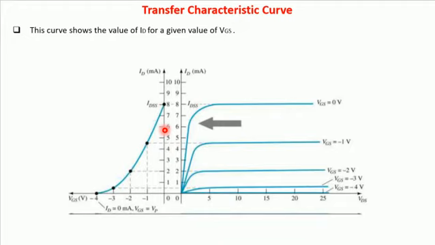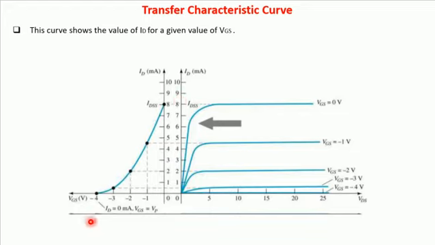Beta DC is equal to IC divided by IB, and from that we can state that IC equals beta IB, where beta DC is considered a constant, as it is the current gain. Therefore the transfer characteristic of a transistor is a straight line, indicating a linear relation between IC and IB. However, the relation between ID and VGS is not linear.